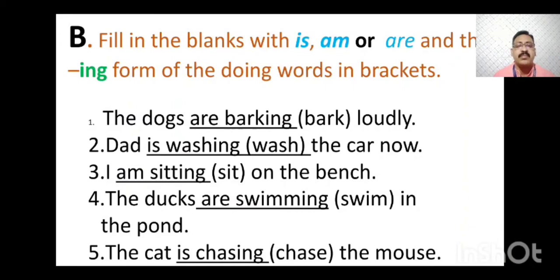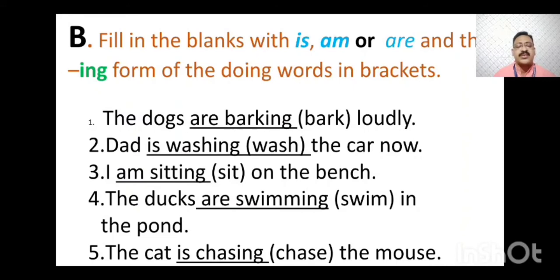So now question number 4. The ducks are swimming in the pond. The ducks, here ducks are also in plural form. So where there is plural subject, I told you we have to use are to it and verb will be in the ing form. The ducks are swimming in the pond. The cat is chasing the mouse.